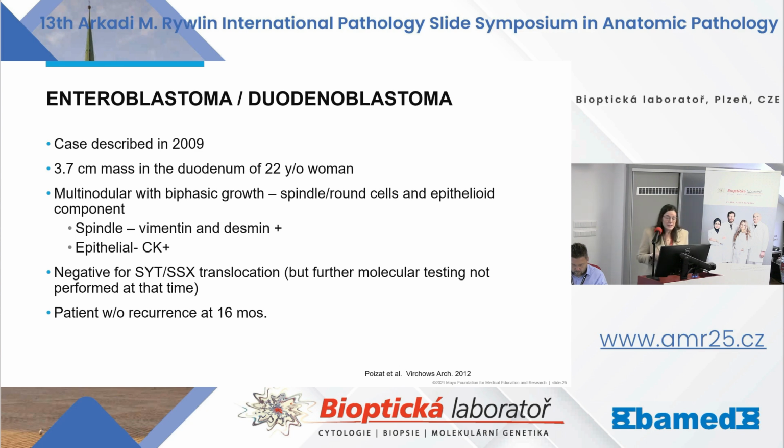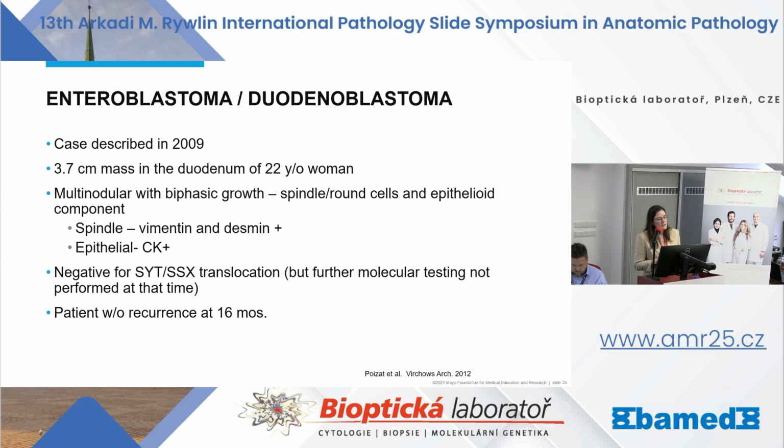Specifically, within the small bowel, there was a case in 2009 that was called an enteroblastoma or duodenoblastoma. This was a 37 centimeter mass in the duodenum of a 22-year-old woman. This was a multinodular lesion. It again had biphasic growth with spindle to round cells and epithelioid elements.